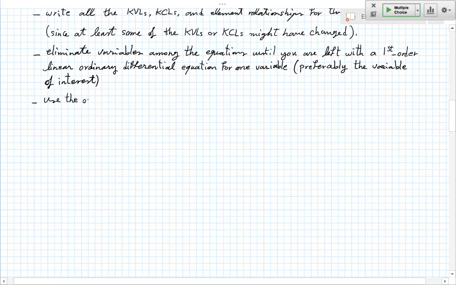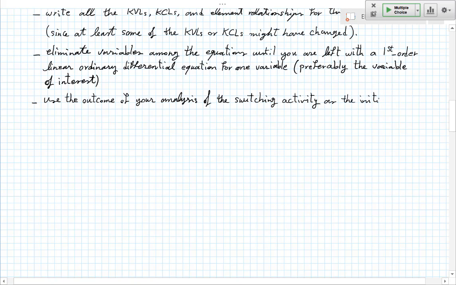Use the outcome of your analysis of the switching activity as the initial value needed to solve the above differential equation.